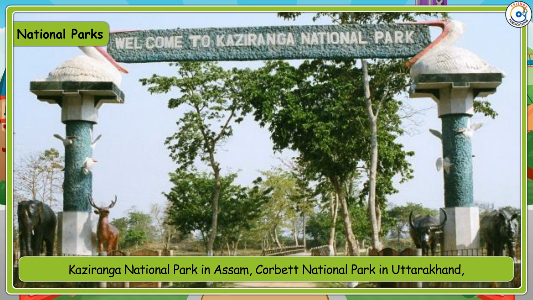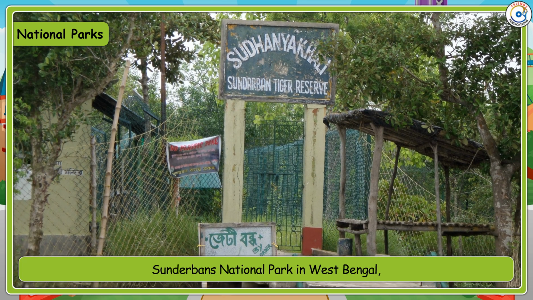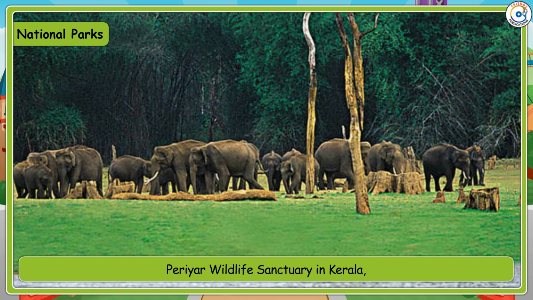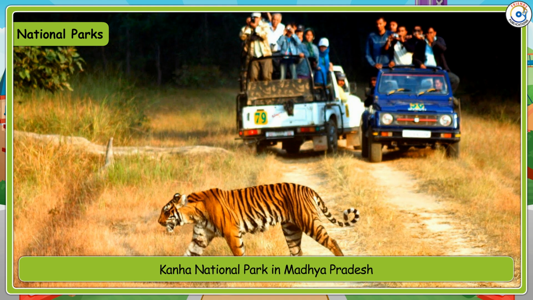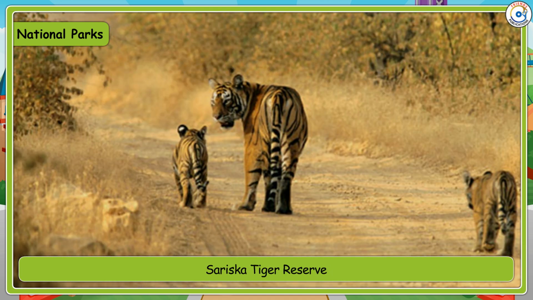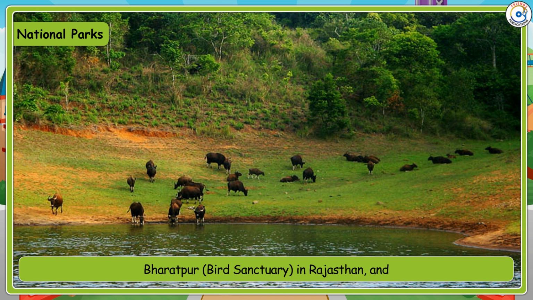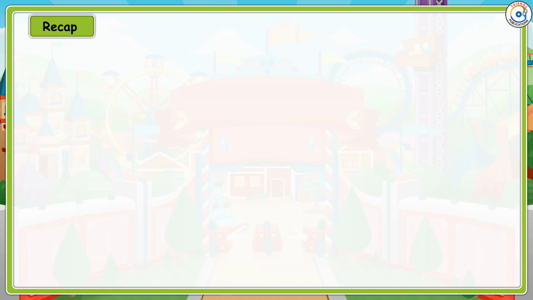Kaziranga National Park in Assam, Corbett National Park in Uttarakhand, Sundarbans National Park in West Bengal, Manas Wildlife Sanctuary in Assam, Periyar Wildlife Sanctuary in Kerala, Bandipur National Park in Karnataka, Kanha National Park in Madhya Pradesh, Gir National Park in Gujarat, Sariska Tiger Reserve, Ranthambore National Park in Rajasthan, Bharatpur Bird Sanctuary in Rajasthan, and Mudumalai Wildlife Sanctuary in Tamil Nadu.